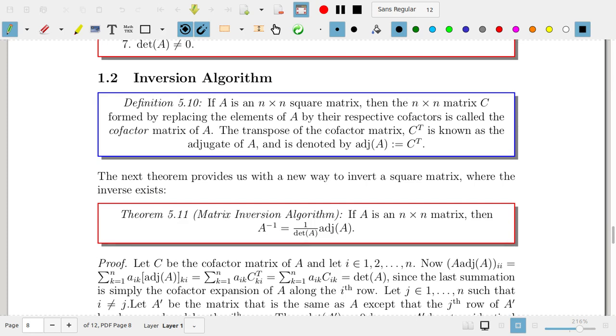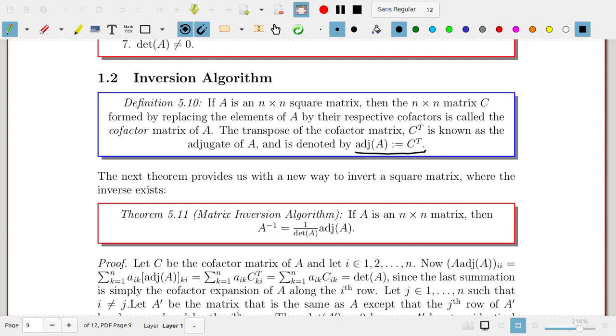If A is an n by n square matrix and you replace the elements of A by their cofactors, then you get the cofactor matrix corresponding to A. It's called the matrix of cofactors. And then when you transpose that, you get a matrix that's called the adjugate of A, ADJ A. So the transpose of the cofactor matrix is ADJ A, adjugate A.